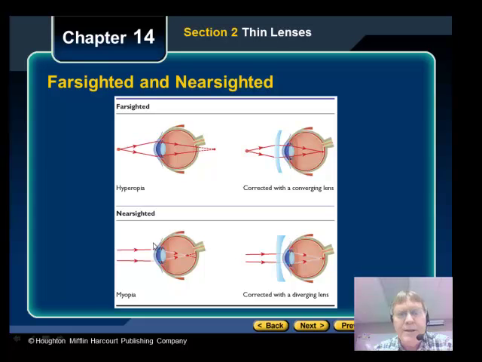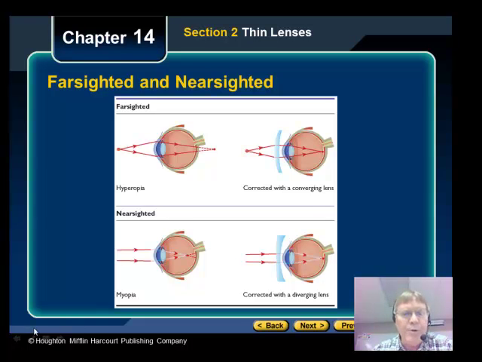Nearsightedness: a nearsighted person is not able to properly focus distant objects. These rays of light that are parallel or nearly parallel get focused at a point in front of the retina. Again, the retina is in the back of the eye, and so what we have to do with this person is to give them a diverging lens that spreads the light rays out before they enter the eye, and then the lens bends it back to fall on the retina.